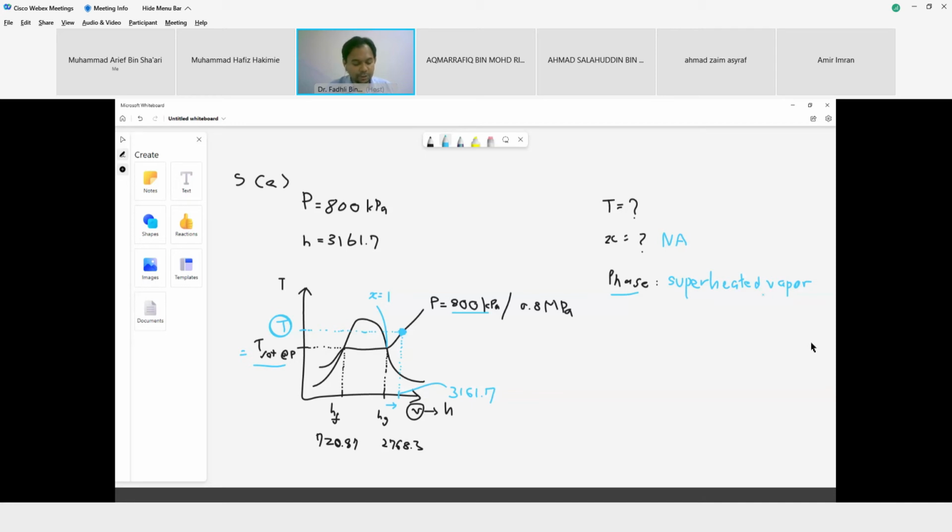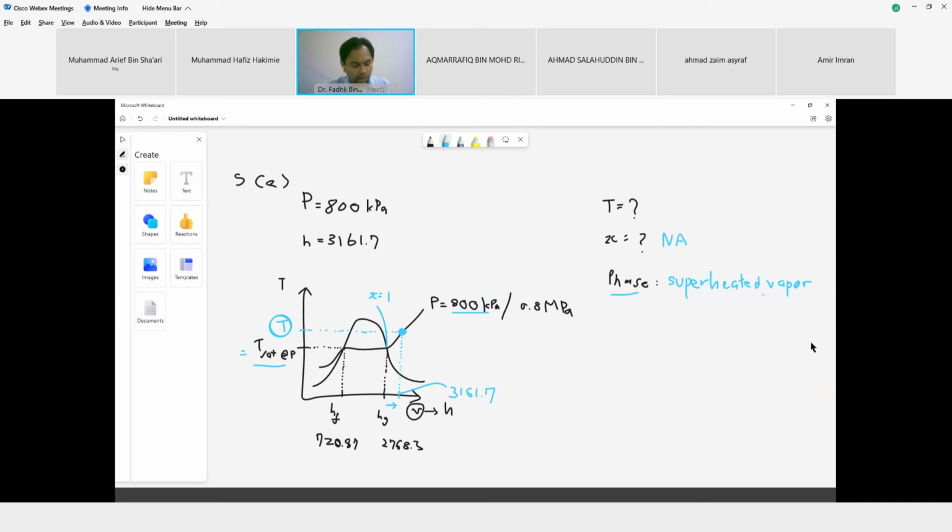We have small tables for pressure from 0.01 megapascal until 60 megapascal. So for this case, the phase is superheated vapor, so now we have to look at table A6 to determine any properties.